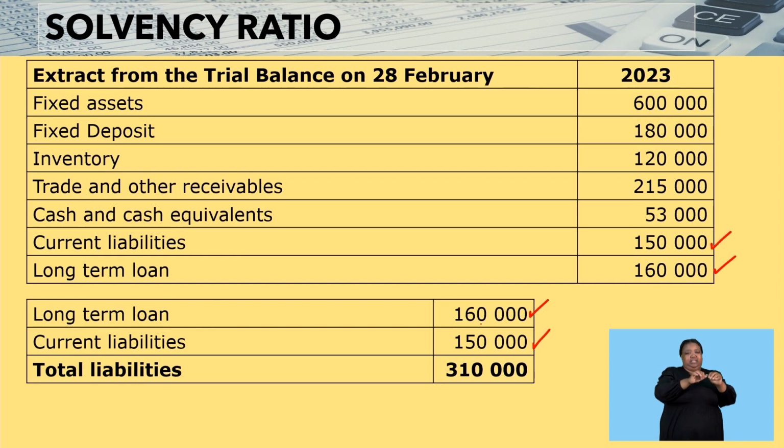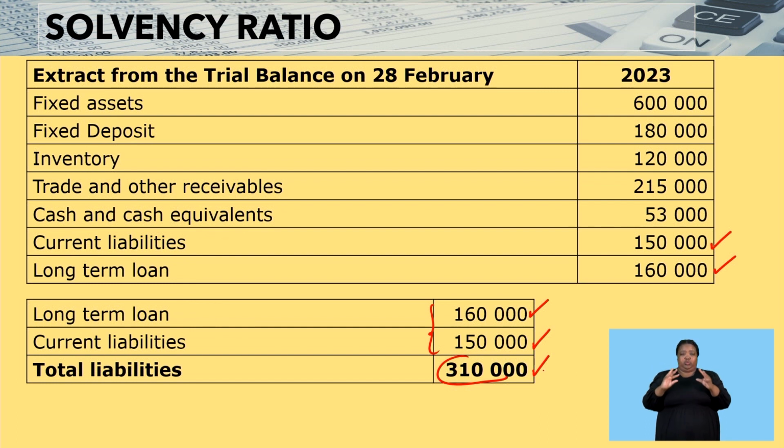When I add the 160 and the 150 together, I end up with 310,000.